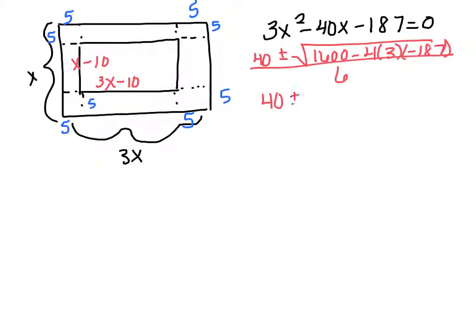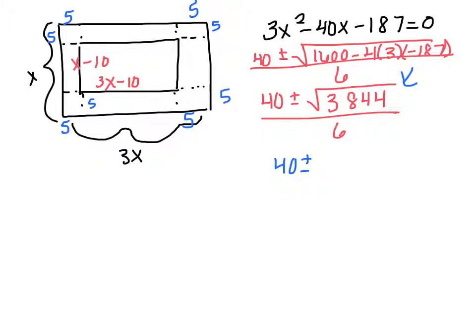When I simplify the inside of my quadratic, I'm going to get 3,844 all over 6. So let's go a step further. The square root of that, I'm going to put in my calculator, and come to find out the square root of 3,844 is 62.